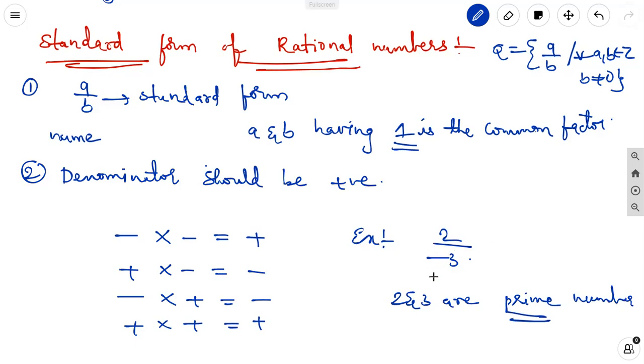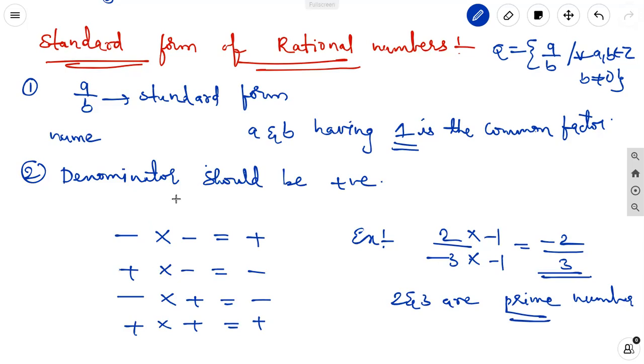So here the first condition is satisfied, but the second condition is not, because the denominator is negative. So we should multiply by -1 in the numerator and denominator. 2 into -1 is -2, and minus into minus is plus, 3 ones are 3. So -2 by 3 is the standard form.